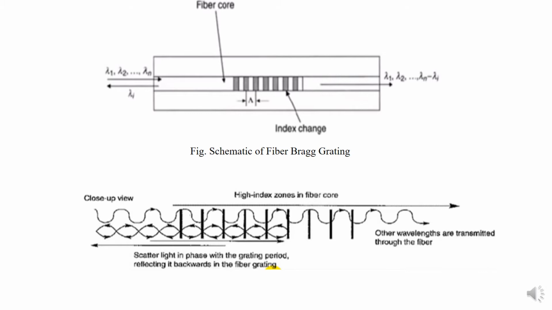If the wave is in phase with the grating period, this wavelength is reflected back to the input side, and all the other wavelengths are passed to the other end, as these waves are not in phase with the grating period. This principle makes the fiber Bragg grating reflect a particular wavelength and transmit all other wavelengths.